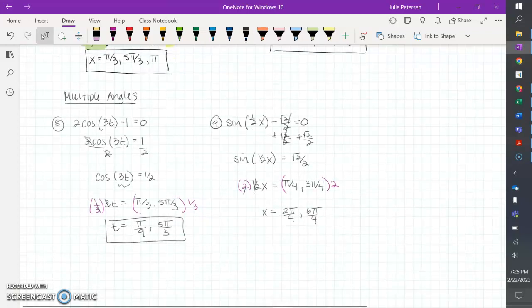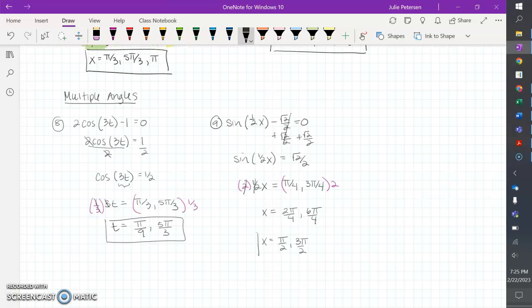Now if you look at those, we could reduce those. We could write those more simply. And we would get pi over 2 and 3 pi over 2. And those are our angles. So just keep in mind here, when we have the multiple angles, there's just one last step once you find your angles of isolating the variable that's within the angle. All right, let's look at one last example.